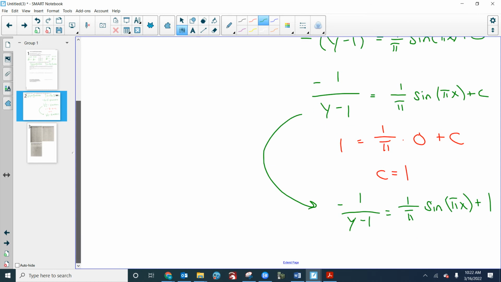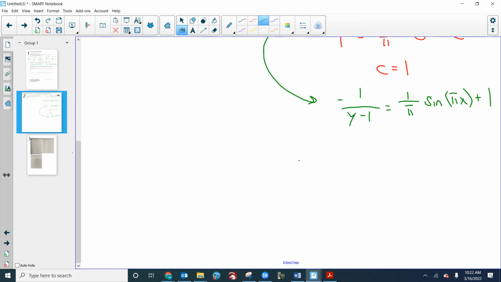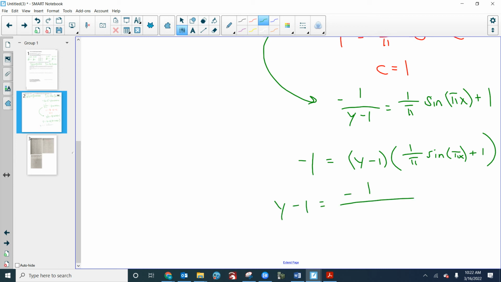We solve from here? y minus 1 times 1 over pi sine of pi x plus 1. Divide. Add 1.